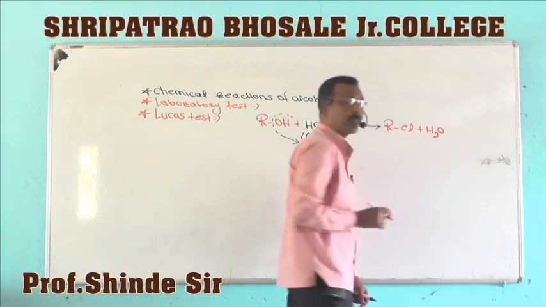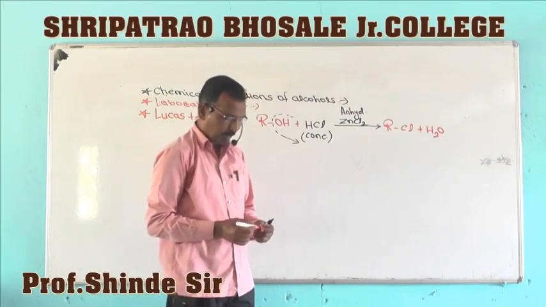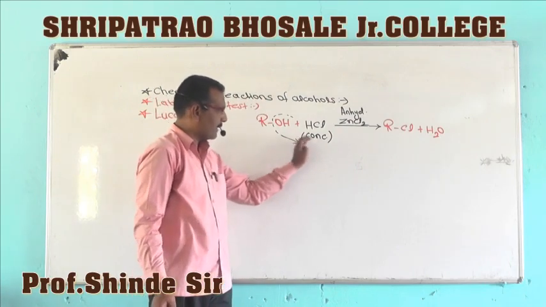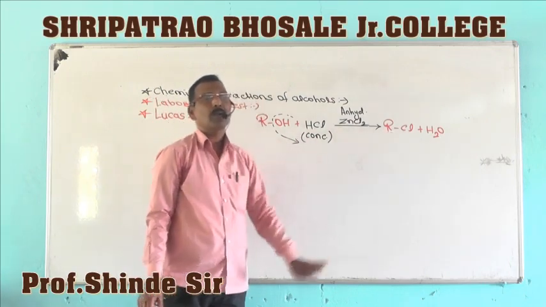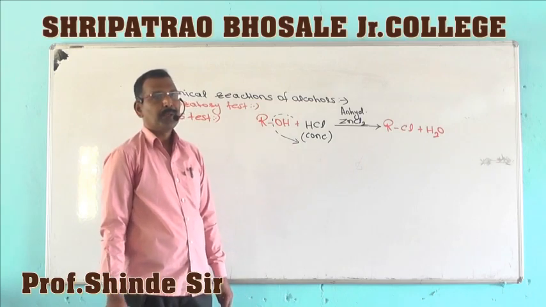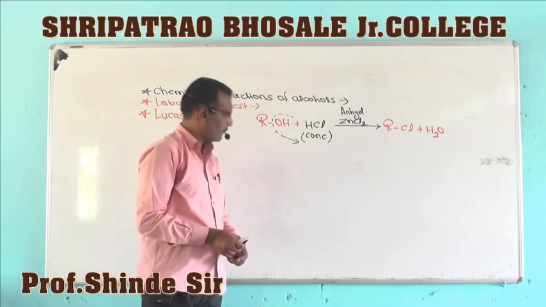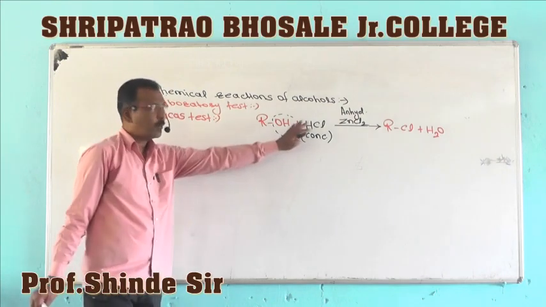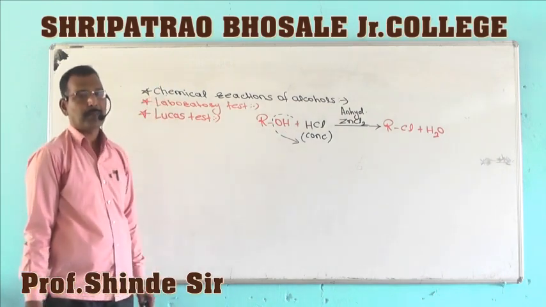So when alcohols are treated with Lucas reagent, alkyl chloride is formed. Now the point is that the reactivity of these alcohols towards Lucas reagent is different.